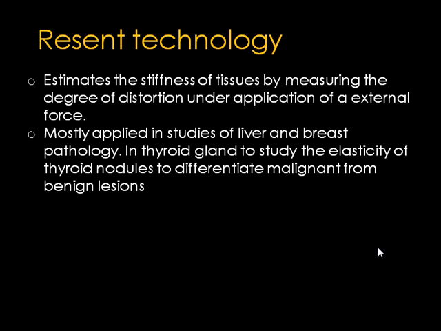Elastography is a newly developed technique that estimates the stiffness of tissue by measuring the degree of distortion under application of external force. Elastography has been mostly applied in studies of liver and breast pathology. In thyroid gland, elastography has been applied to study the elasticity of the thyroid nodule to differentiate malignant from benign lesions.